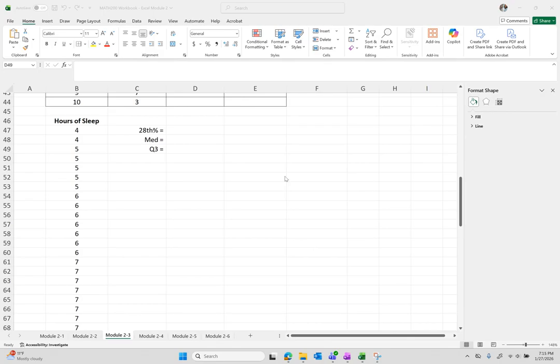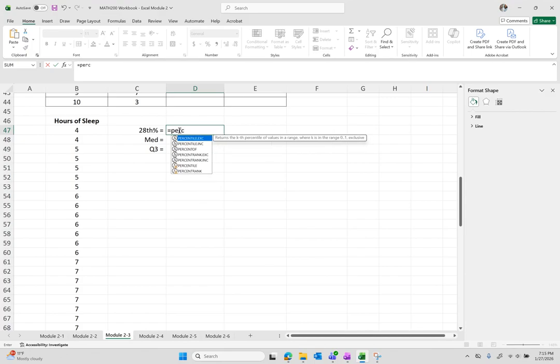So in Excel, there is a function called percentile that helps us find the percentile. So equals percentile, and I don't want the exclusive version because it returns the kth percentile, but exclusive of the endpoints. I have a small data set, so I want to include the endpoints.